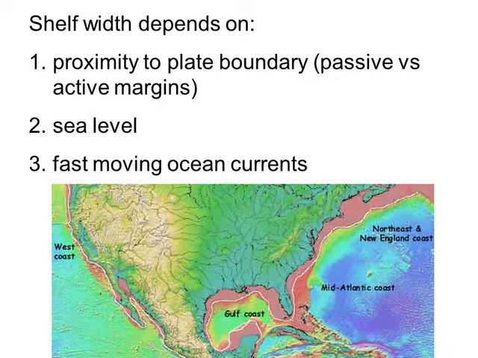It kind of acts as a barrier in a sense where it doesn't allow that continental shelf material to go into the deep ocean, so it kind of just holds it in place, and therefore allows it to accumulate more.